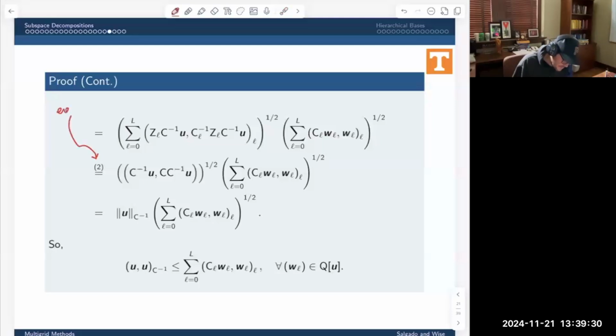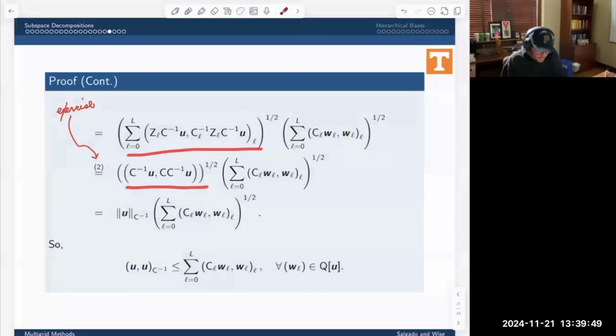So this is an exercise to see if you understand that if I use the definition of C, remember C involves Z_Ls and Q_Ls and C_L inverses, then this object here is going to turn into this object. So I'll let you do that calculation.